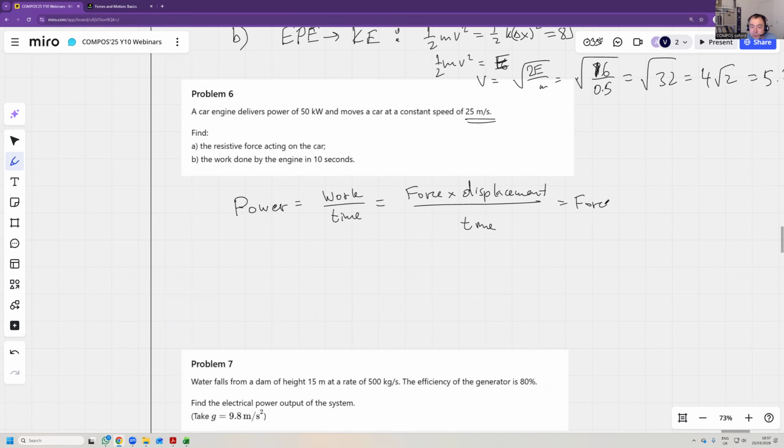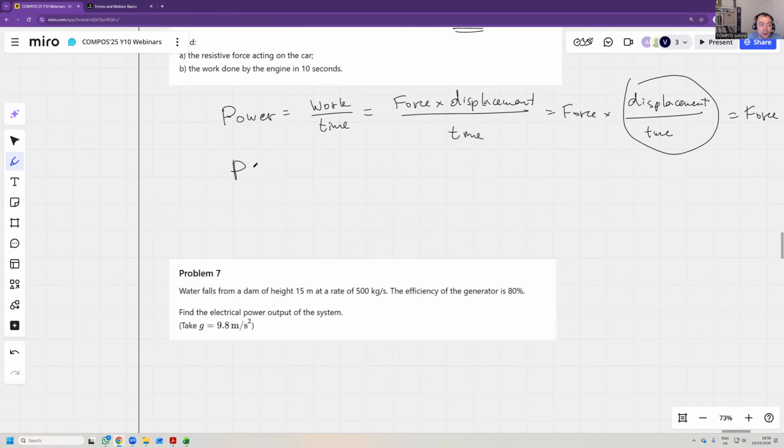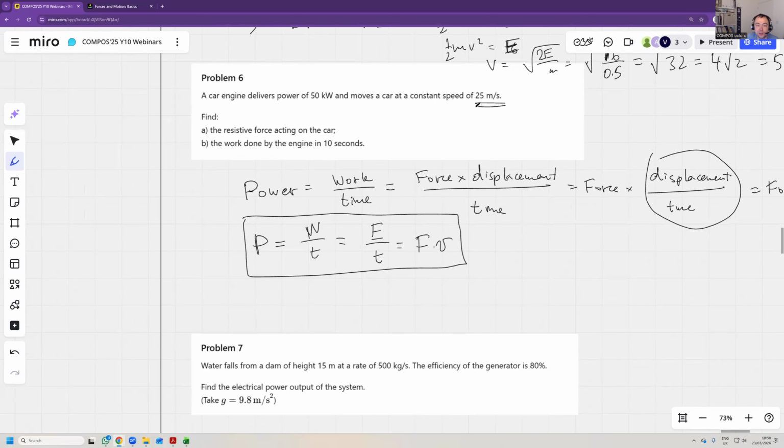Displacement over time is velocity. So that's force times velocity. In other words, power can be written as work, or energy, divided by time. It also can be written as force times velocity, force times speed.